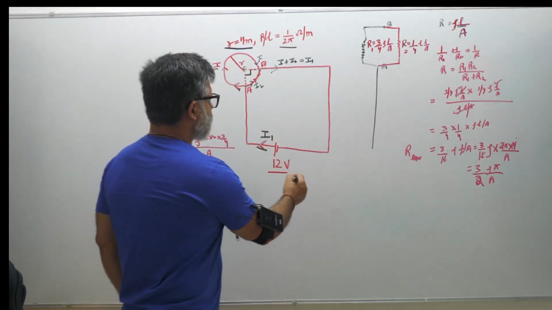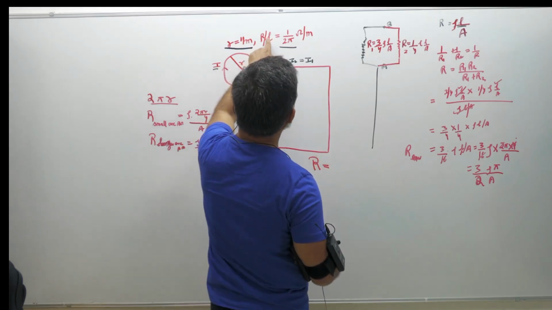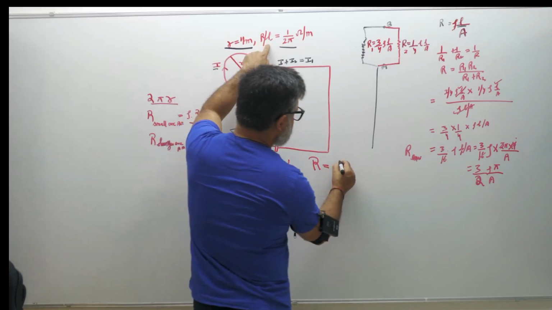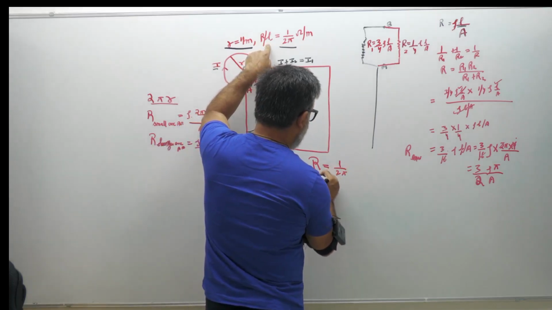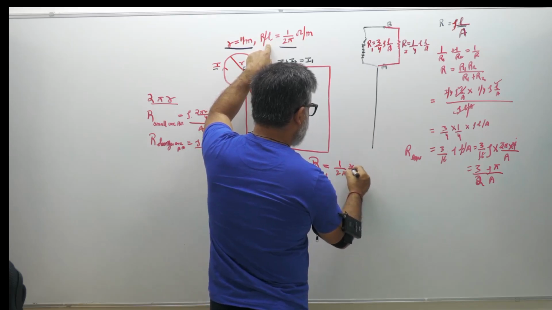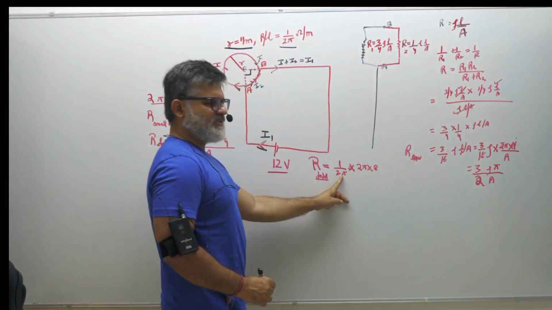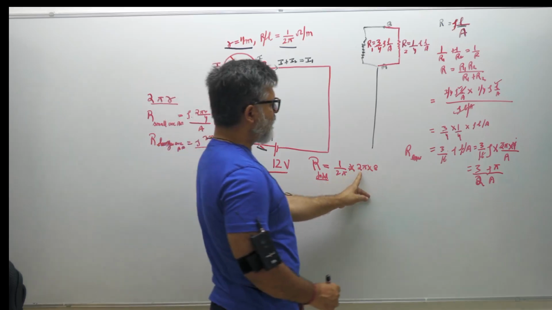If you notice, the total resistance of this wire, because the resistance per unit length is known, is 1 by 2 pi R total, multiplied by the total length.